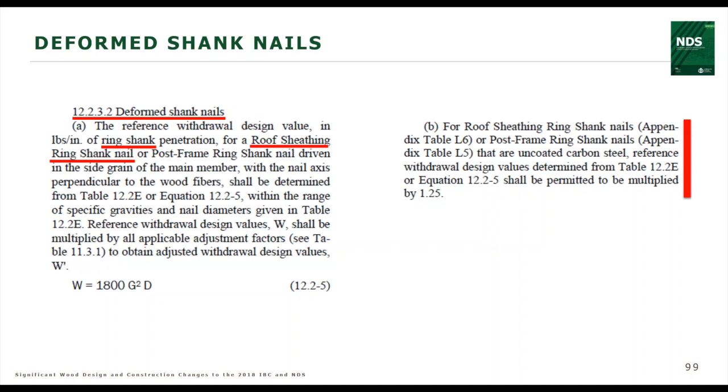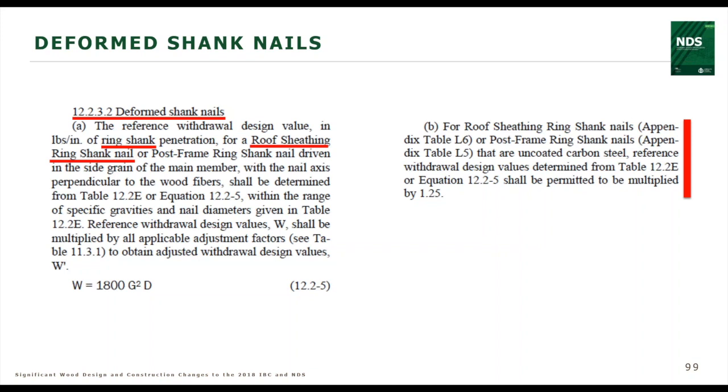Roof sheathing ring shank nails have higher withdrawal design values than smooth shank nails. That's why we use them. But beyond that obvious increase in withdrawal, or in holding power, if you will, they provide options for kind of cleaning up your nailing schedules.